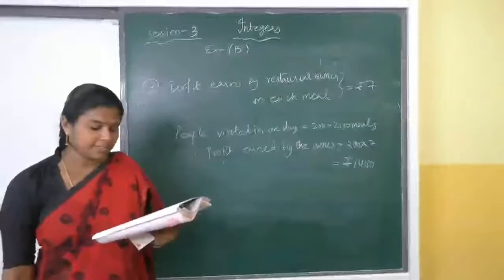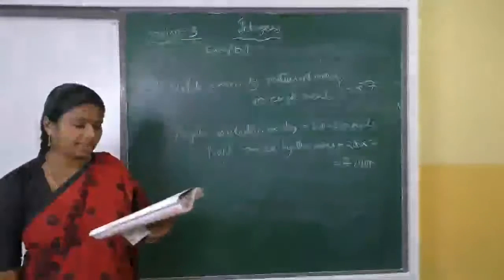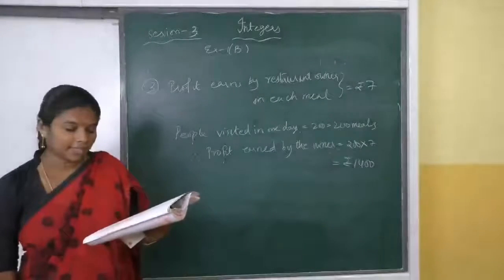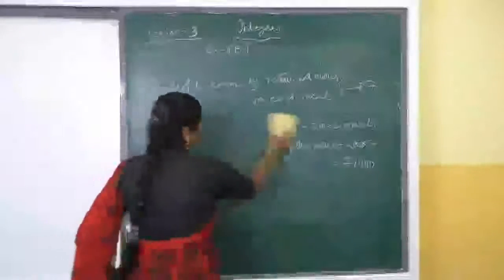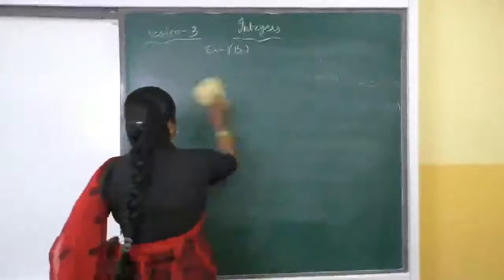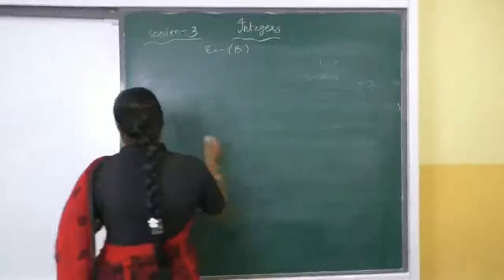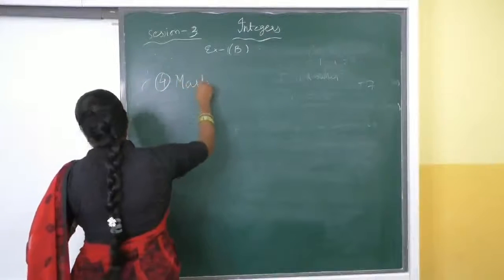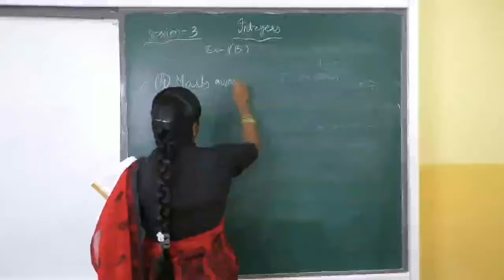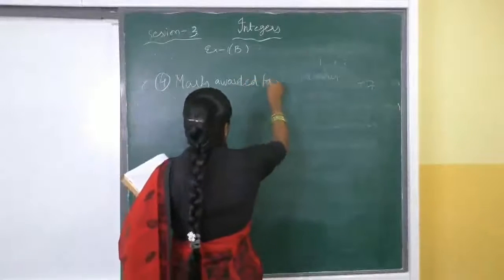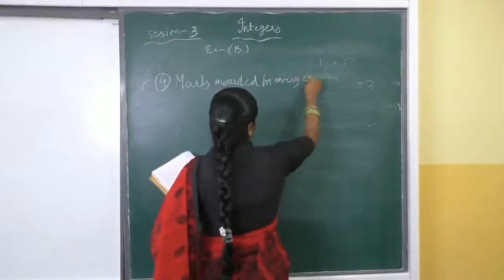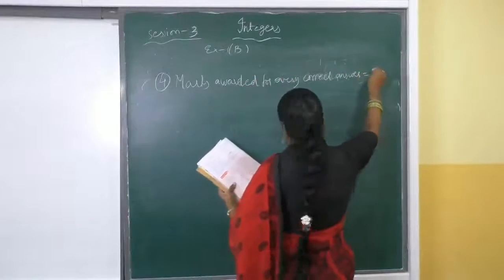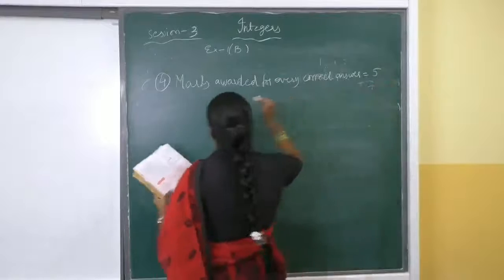Next, in a class test, 5 marks are awarded for every correct answer and 2 marks are deducted for every wrong answer. If James got 8 correct answers and 3 wrong answers, what are his final marks? Marks awarded for every correct answer is equal to 5.